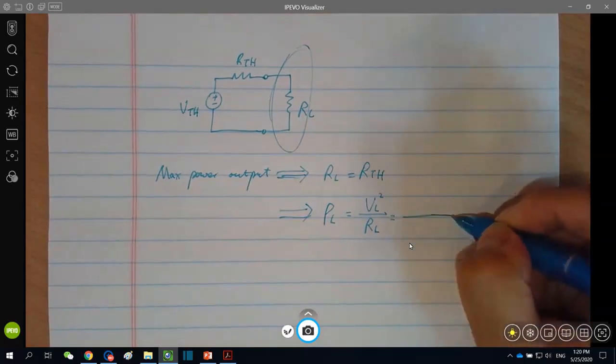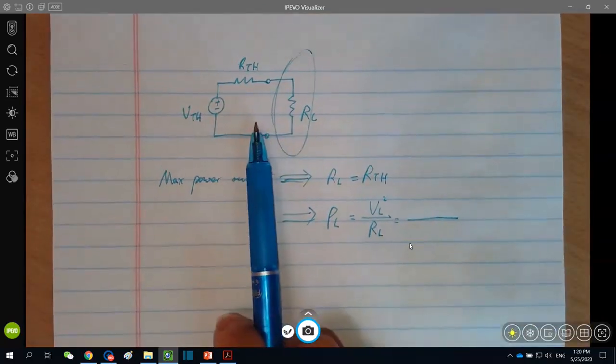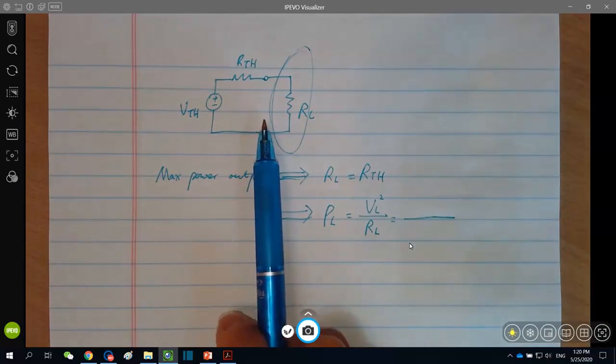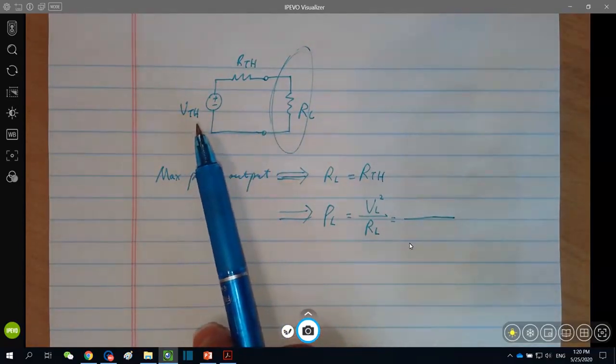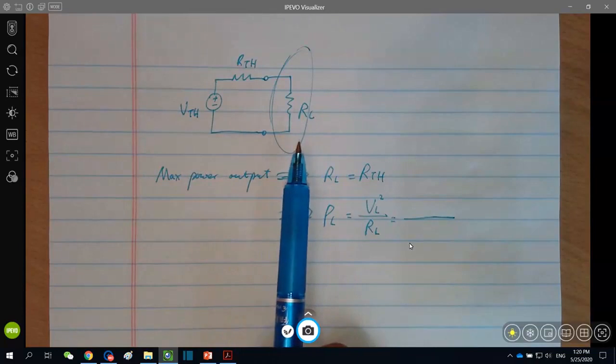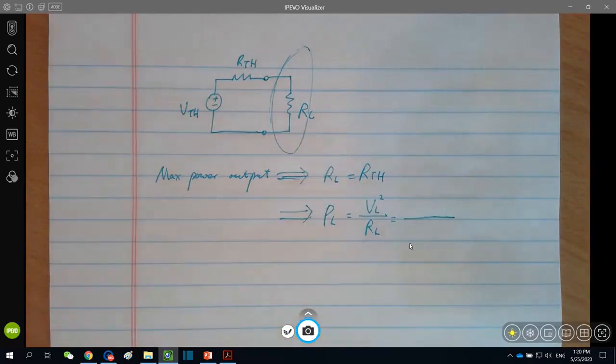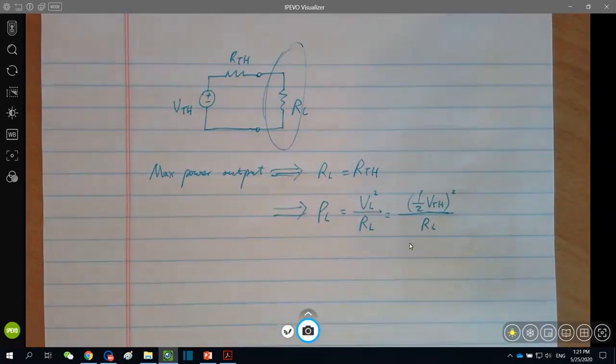But what is VL? Look at the circuit here. This is a simple single loop circuit. Total VTH is shared by RTH and RL, and RTH is equal to RL. So apparently VL is equal to half VTH. And then let's talk about the source power. How to find the source power?